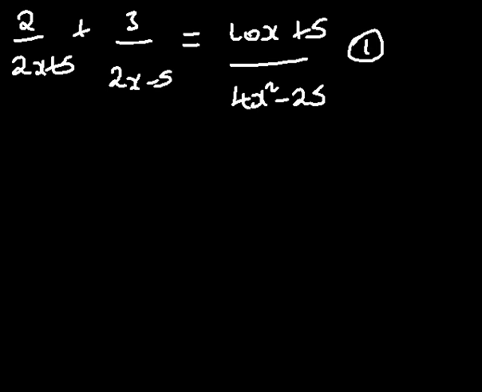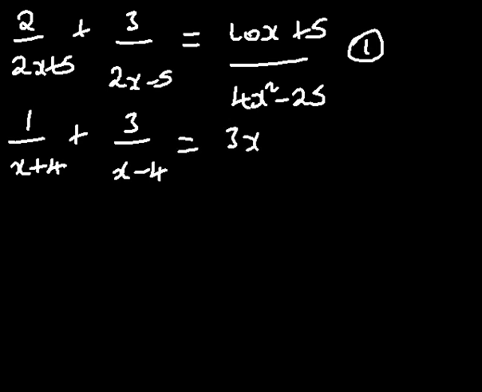And what about, let's say, if we have 1 over x plus 4, plus 3 over x minus 4, which is equal to 3x plus 8 divided by x squared minus 16.